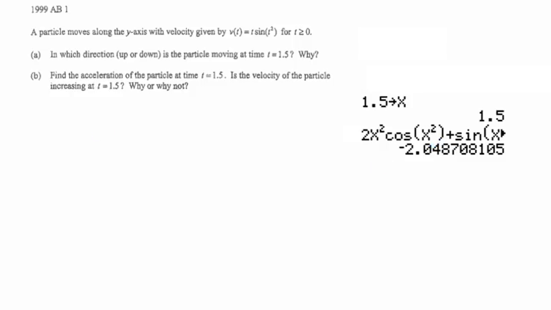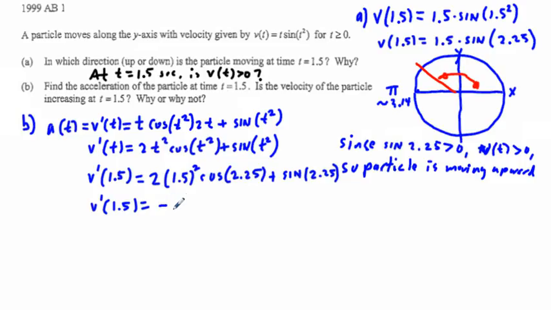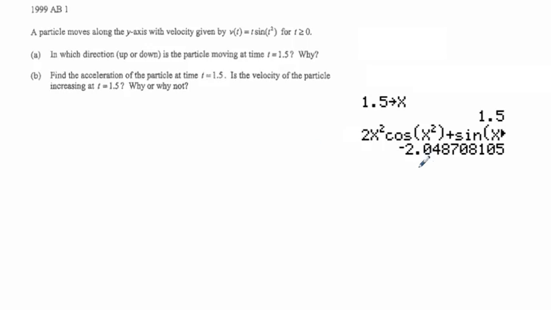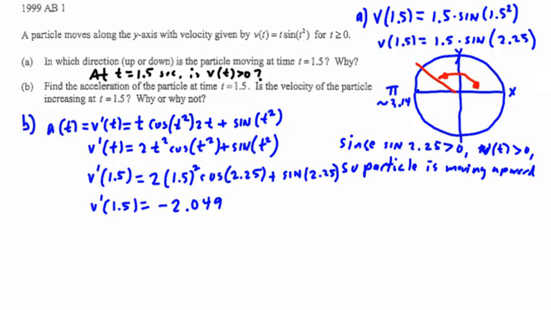Negative 2.049. And actually, the way AP readers grade it, you could have put negative 2.048 in the first 3 that worked out. So either way, I like to use the proper rounding. So that's going to be our answer to that first part.